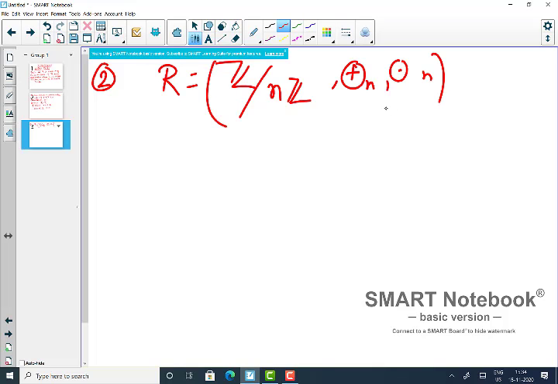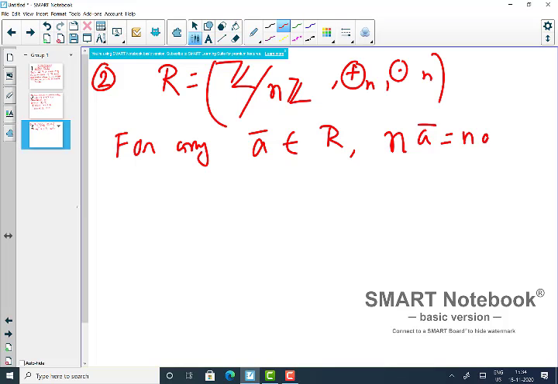Here, if you add any element, say a bar, you see that n times a bar equals n a bar, which is 0 bar, and n is this positive integer.